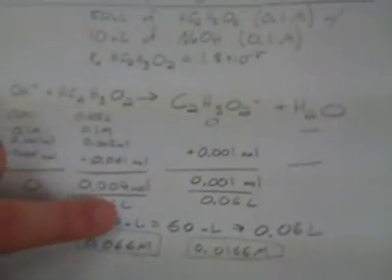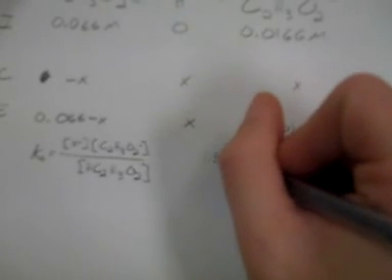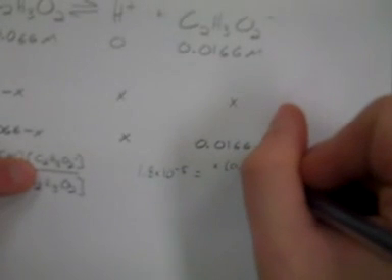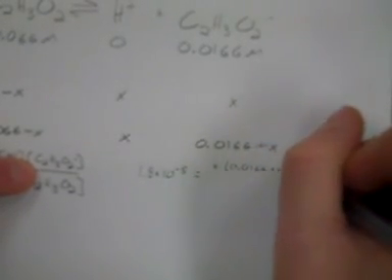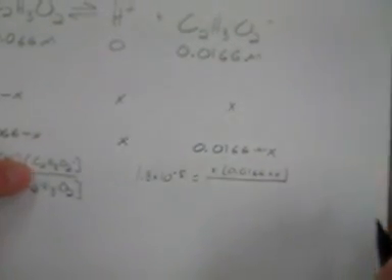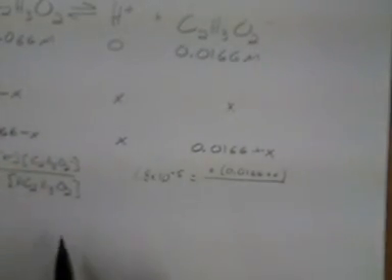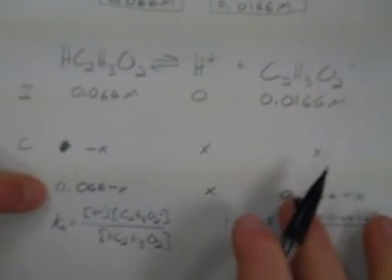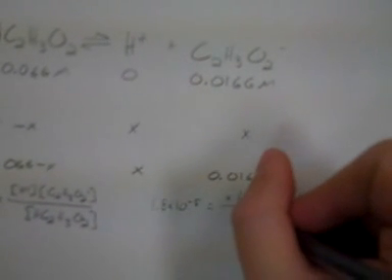And we have our Ka value from up here, 1.8 times 10 to the negative fifth is equal to our concentration of H plus, which is X, times our concentration of acetate, which is 0.0166 plus X, and this is all over our concentration of acetic acid, which is 0.066 minus X.